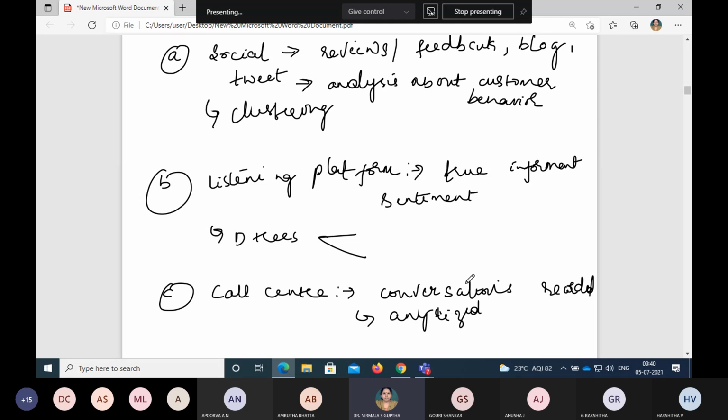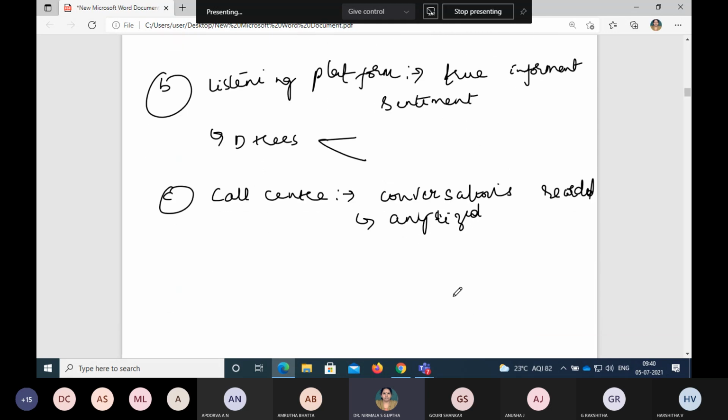In what mood was the customer, how was the conversation, is it the best, the average or the worst conversation? You can see the customer's potential aggressiveness towards the complaint they are trying to make, and you can categorize what kind of proactive complaints to consider, or which is the high priority complaint to be addressed. All those things can be analyzed and predicted very well using this call center data.